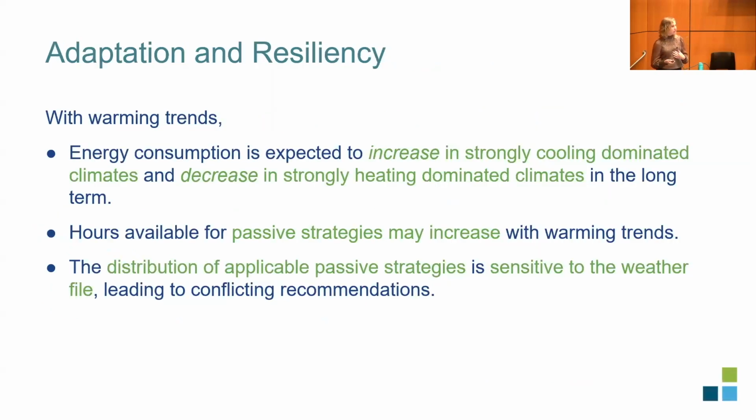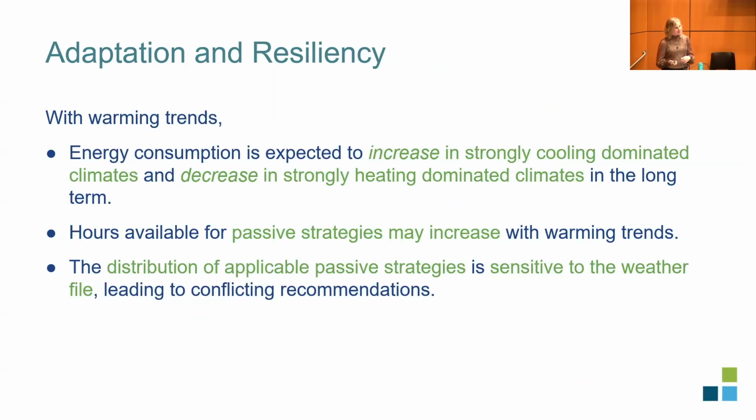This is one of my personal passions: looking at adaptation and resiliency analysis. With warming trends, we're expecting, at a high level, to see strongly cooling dominated energy use. If you're in a climate that's highly cooling dominated, you think energy is going to go up because air conditioning loads are going up.